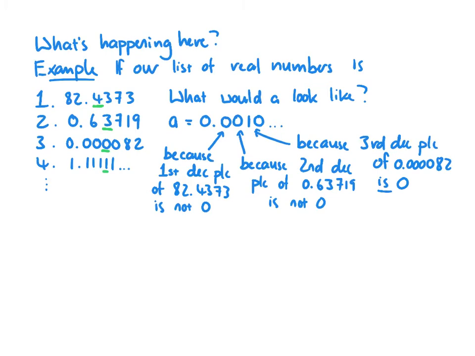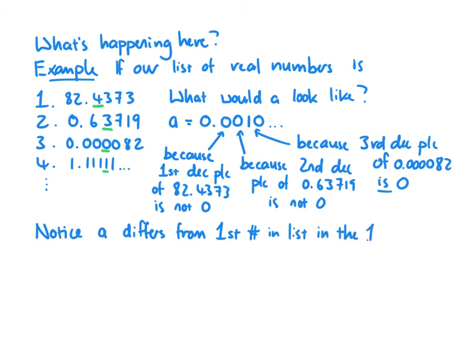Okay, so what is the upshot of this? If we do this construction in this way, the thing I want to notice is this. A differs from the first number in the list in the first decimal place.